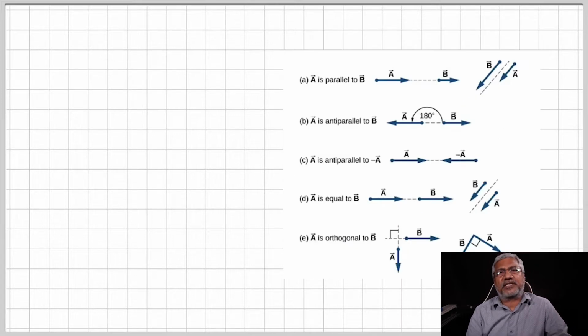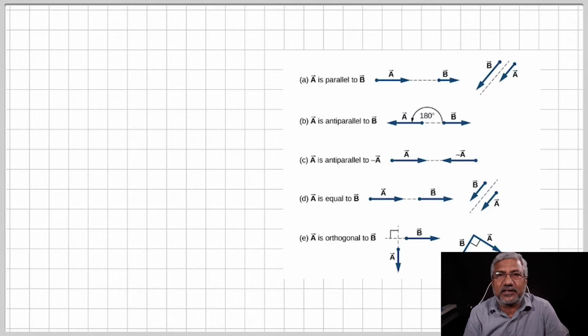There are many types of vectors. I'm going to go through this very fast. You see, there are two vectors that are parallel to each other. They are not equal, but they are parallel. In B, again, these two vectors are not equal in magnitude, but they are anti-parallel. In C, the two vectors are equal in magnitude, but opposite in direction.